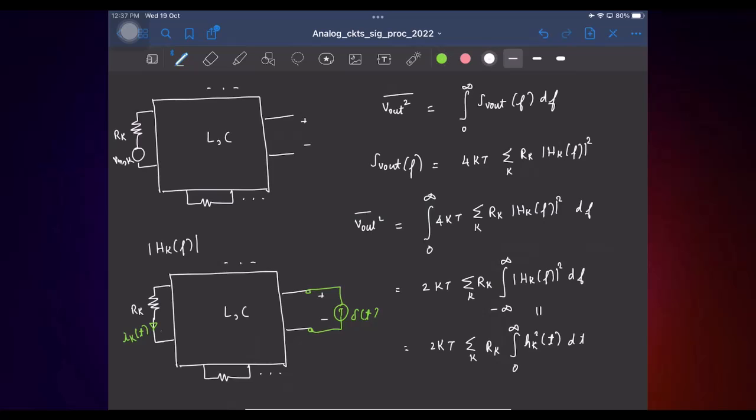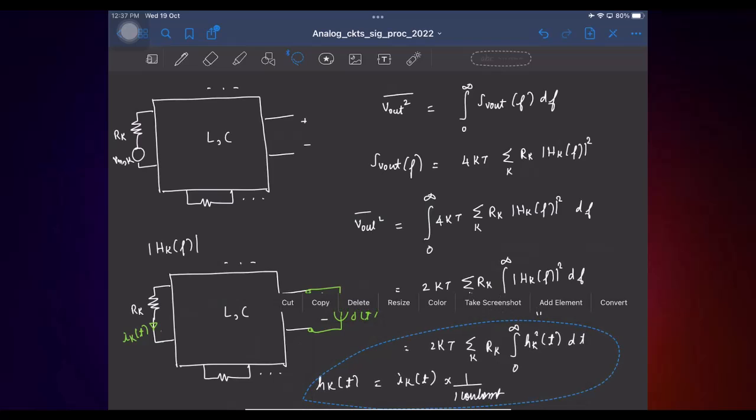So what is H_k(t) in terms of I_k(t)? We saw in the beginning of the class, right? I apply an impulse and measure the response, but to be dimensionally fair, this has to be multiplied by 1 coulomb. Is that fine? So let me use these two to simplify things further.